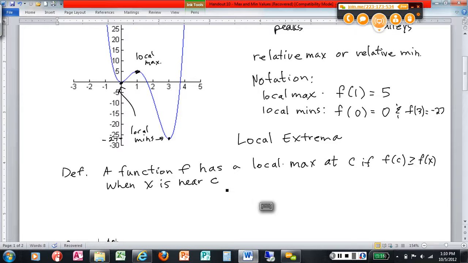The function f has a local max at C if f of C is greater than or equal to f of x when x is near C.